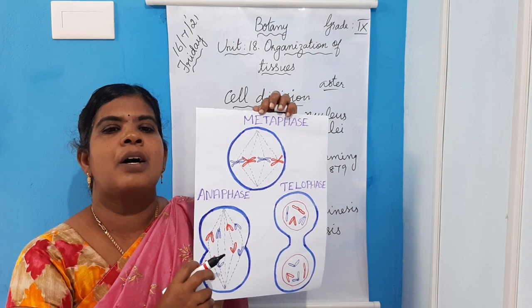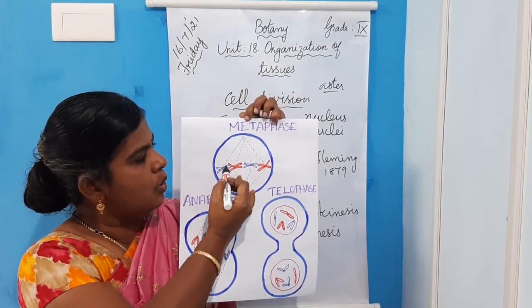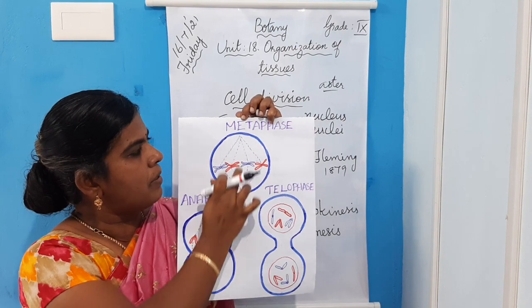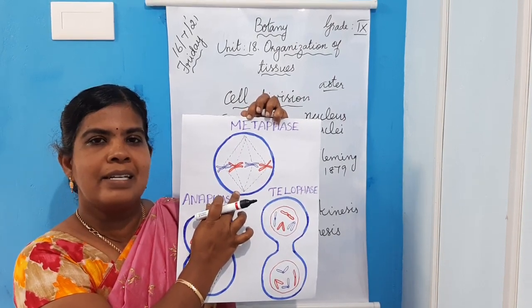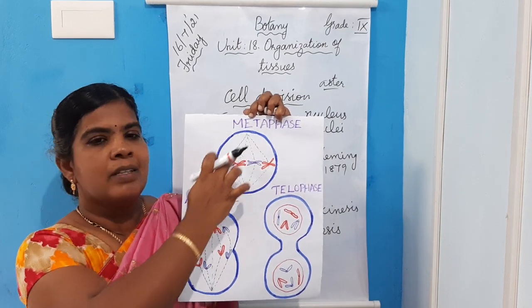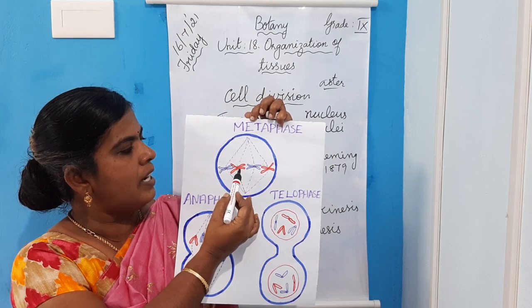So chromosomes formed during prophase now become duplicated. The duplicated chromosomes are arranged at the equatorial plane and form the metaphase plate. Now each chromosome is attached to the spindle. I already told you the spindle fibers start to form from the opposite poles of the cell. Each chromosome is attached to a spindle fiber.